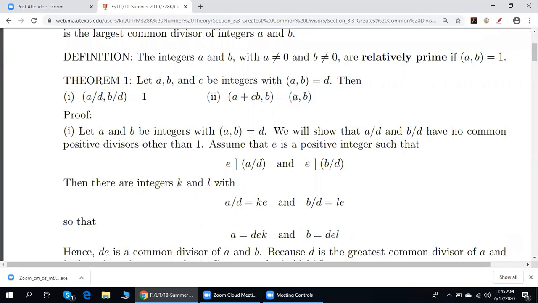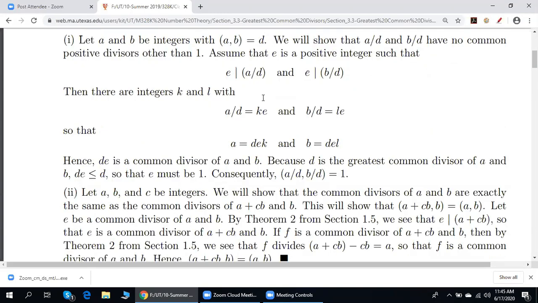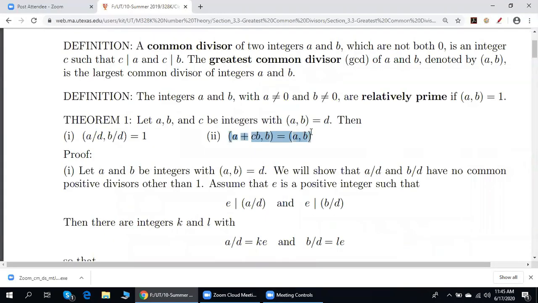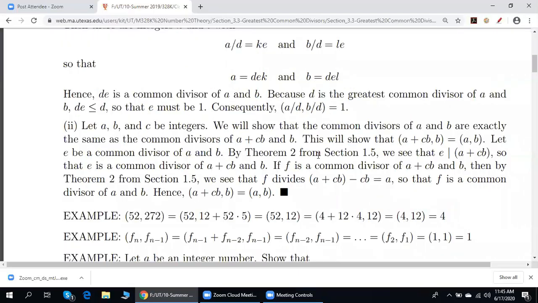The greatest common divisor of A and B is equal to the greatest common divisor of A plus CB and B. In order to prove this, we will show that the common divisors of A and B are exactly the same as common divisors of A plus CB and B. If we show this, this will immediately follow.